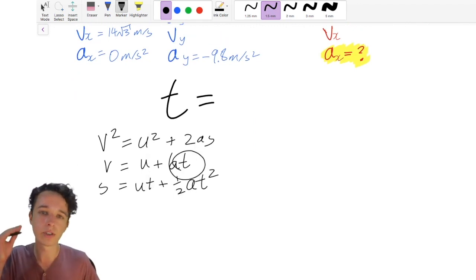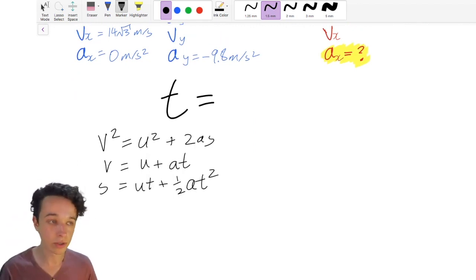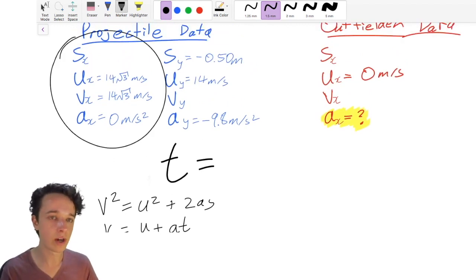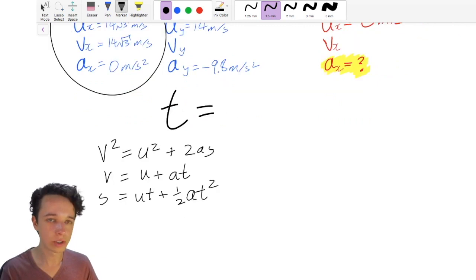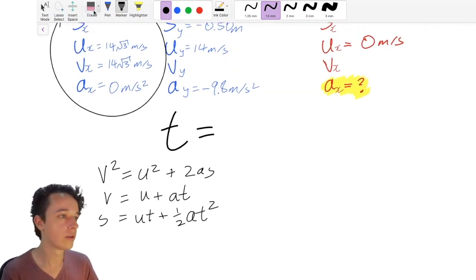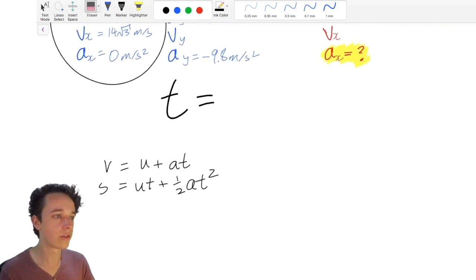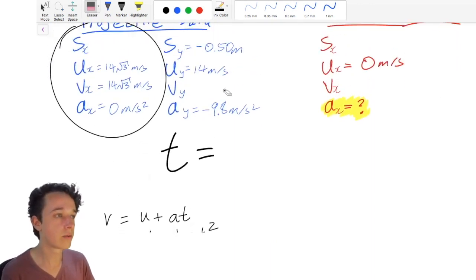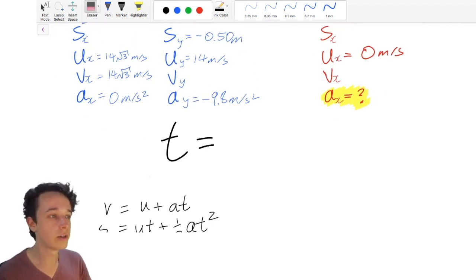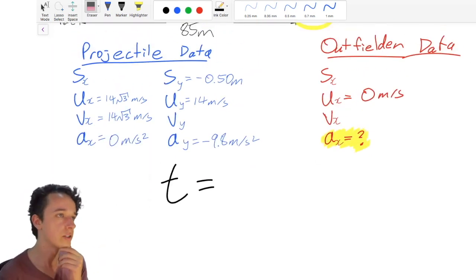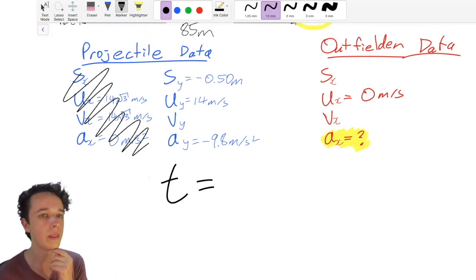Like we're in the same position that we were in part A of this question, where if we sub in the data for the x component when we're trying to find a time, it's just going to be useless, right? Because first of all, this first equation, because we're trying to find a t, that's useless because it doesn't have a t. If we're using the x data, we don't have an s, so the third equation becomes useless. And because the acceleration in the x component is 0, it turns this second equation into being useless because it'll just make this disappear. It's the same problem that we had with the last question.